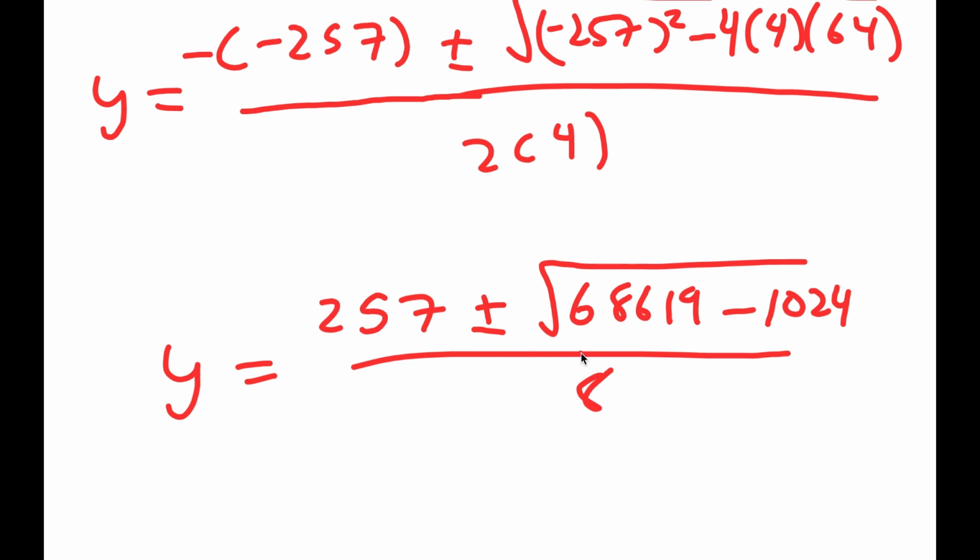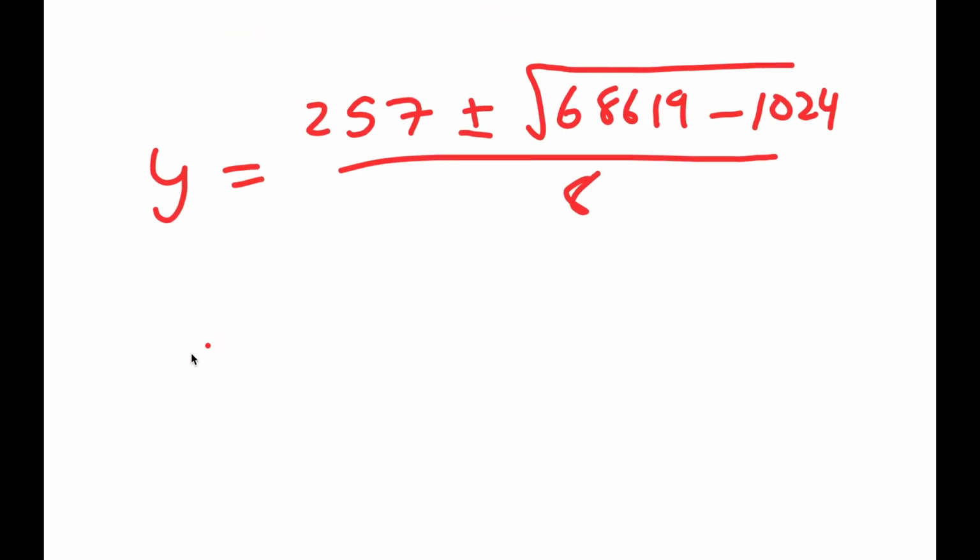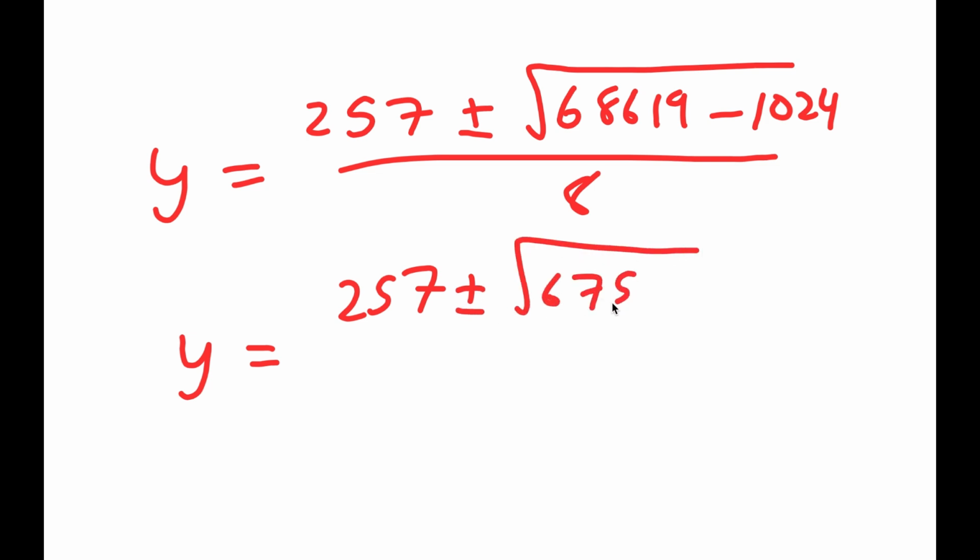So now 66,049 minus 1,024 is 65,025. So I have the square root of 65,025 over 8.